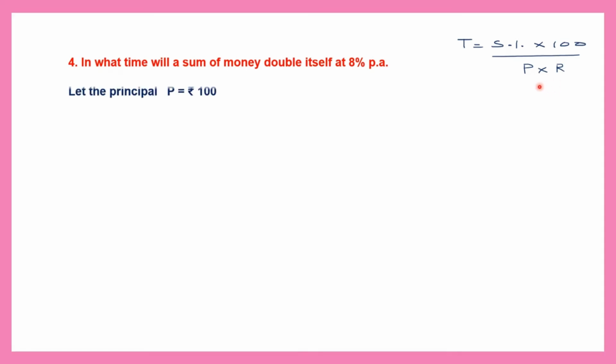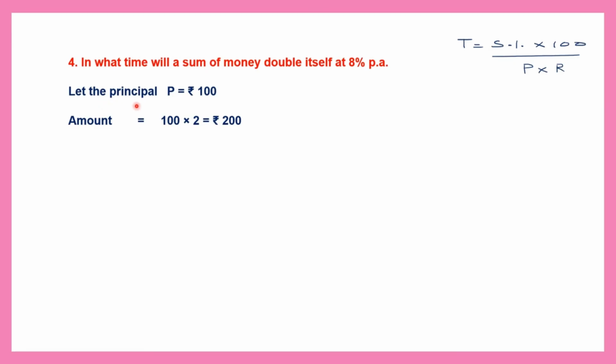So let's begin by saying let the principal P be equal to 100 rupees. It's not given to us, isn't it? But we'll consider it to be 100 rupees. Now it says the amount becomes 100 into 2. Why? Because it says the sum of money will double itself. Double means into 2. So principal into 2 will give us the amount, that is 200 rupees.